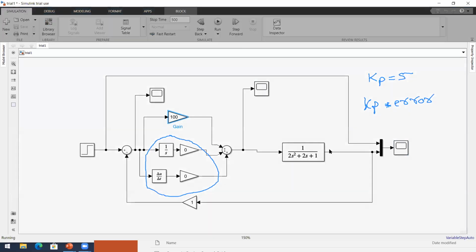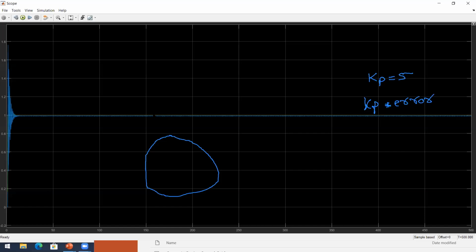Run this. Any doubts, please ask. This is close to this value, but it's not exactly 1. Do you see this? Yes, sir. Even with a gain of 100, the steady state error is still not 0. It is close to 1 but not 0.